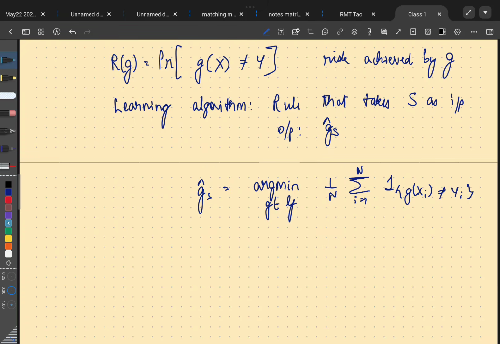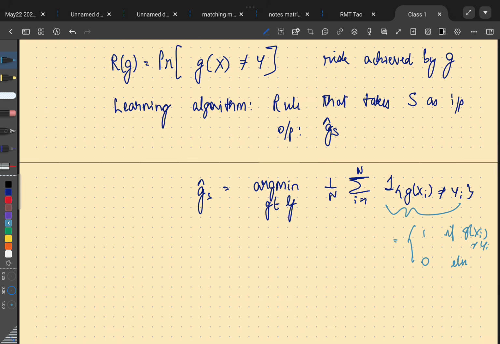And this indicator, with subscript G of xi not equal to yi, is equal to 1 if G of xi is not equal to yi and 0 otherwise.